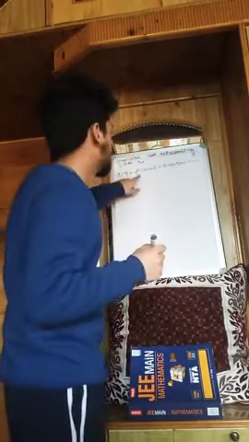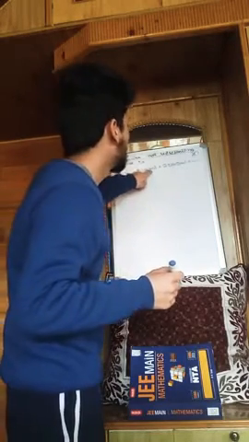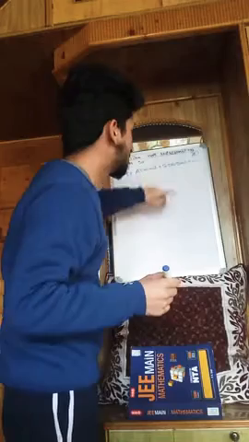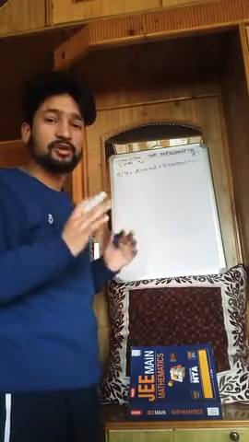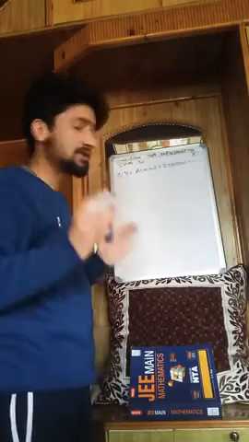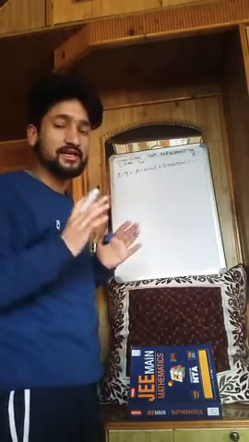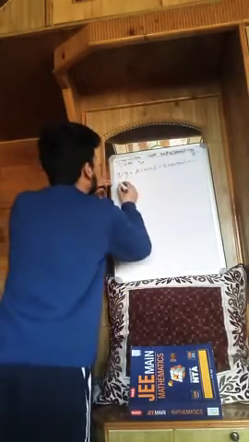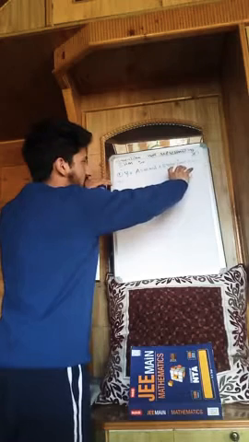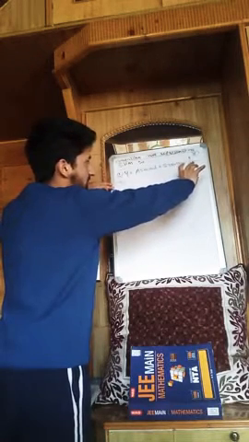We have already learned that in simple harmonic motion the angular frequency should remain constant. Here it does not remain constant, so it is not the equation which represents simple harmonic motion.